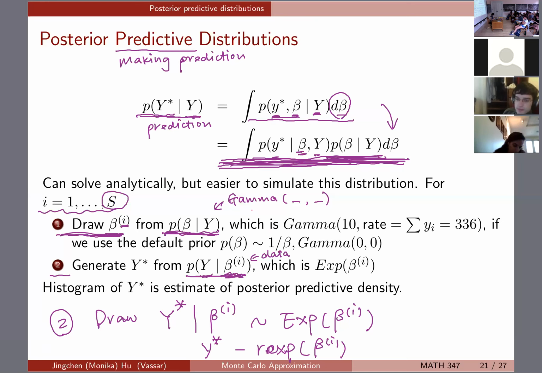And then in the end, when you're trying to summarize the y star, you can draw not just one of them, you can draw many of them, and there's a certain guarantee that the density or the distribution of all of the drawn y's that you're getting is an approximation to the actual y star.